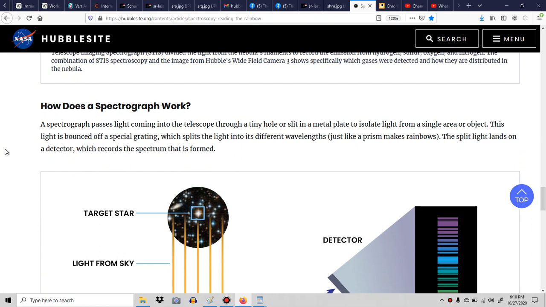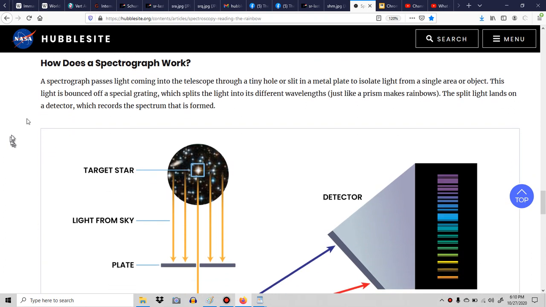How does a spectrograph work? A spectrograph passes light coming into the telescope, and in our case, it's not a telescope, it's coming in through the antenna, the Schumann antenna.